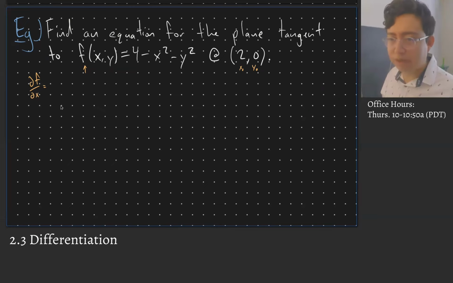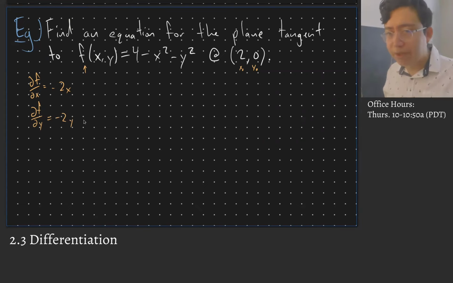But the negative x squared becomes negative 2x. And for df dy, something similar happens, except this 4 minus x squared is not changing with respect to y, so that goes to 0, and then the negative y squared becomes negative 2y.